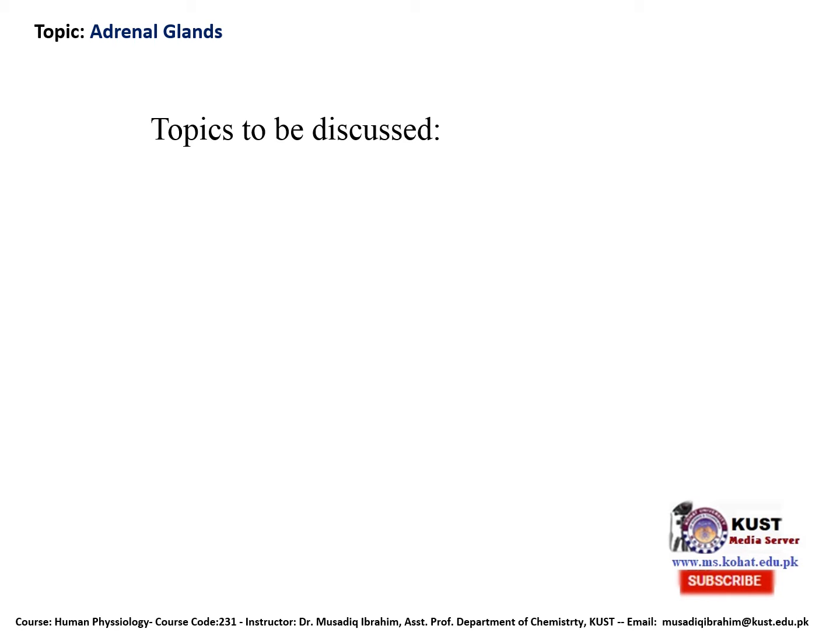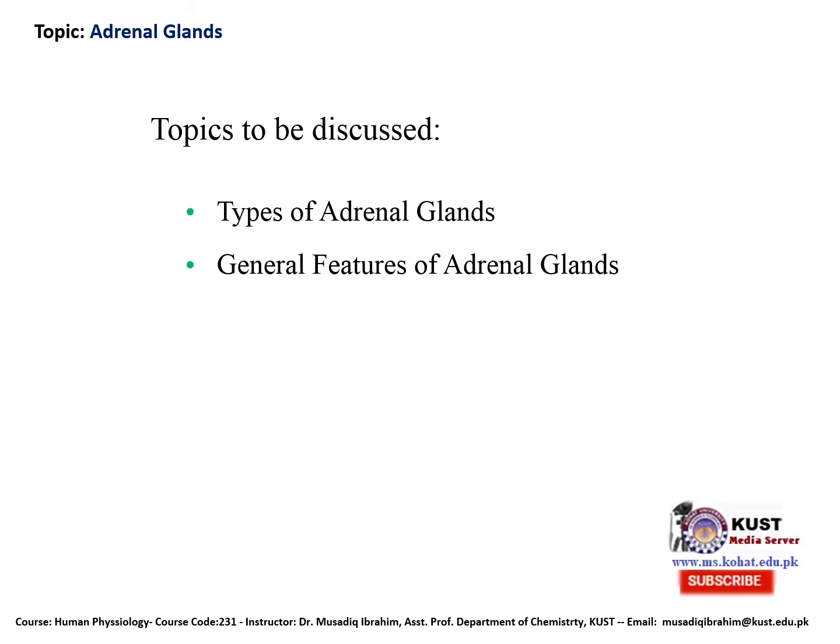So the topics to be discussed include the types of adrenal glands, like the adrenal cortex and the adrenal medulla, the general features of adrenal glands, that is, how they operate. Then the functions of the adrenal medulla, like the hormones which are secreted by the adrenal medulla and their effects on the human body.